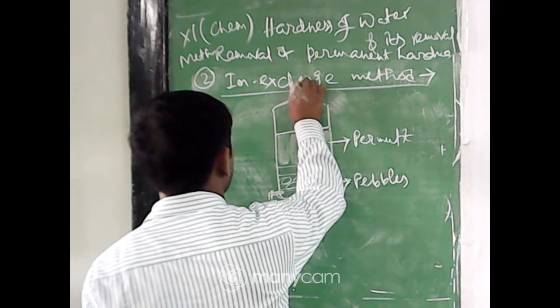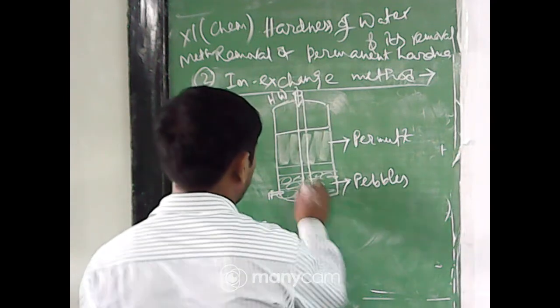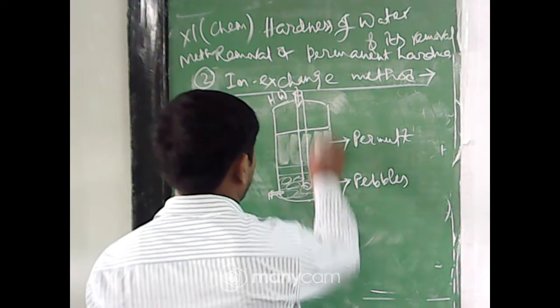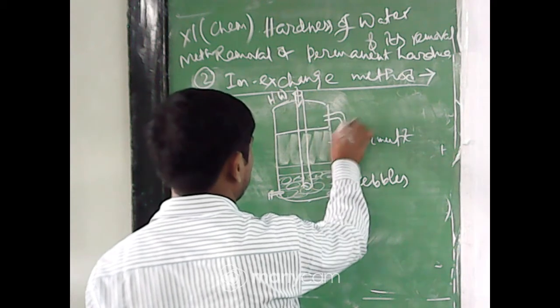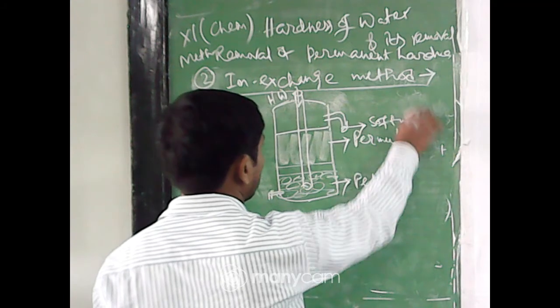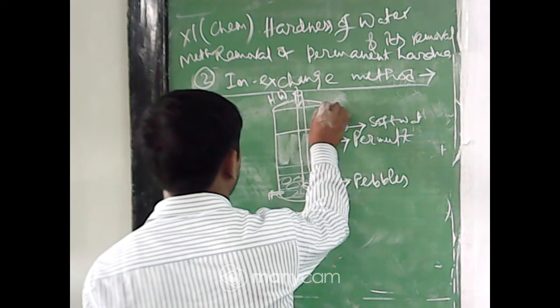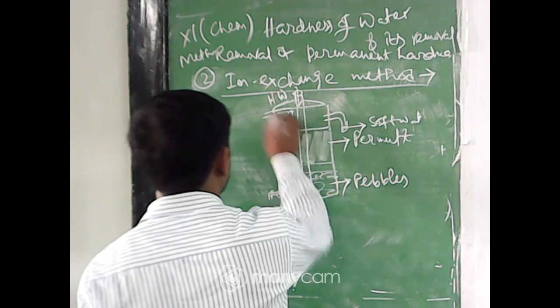Through this pipe, the hard water comes in. There is the tap, here it is soft water, and a tube is there to charge sodium chloride.